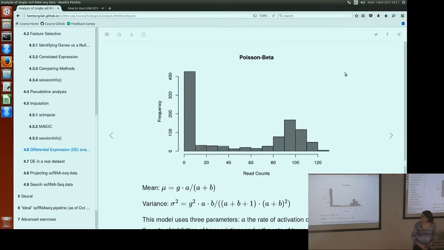And this is what that looks like, which looks the closest to what single-cell RNA-seq data usually looks like. You can see this long flat tail, which is not seen in the zero-inflated negative binomial model.